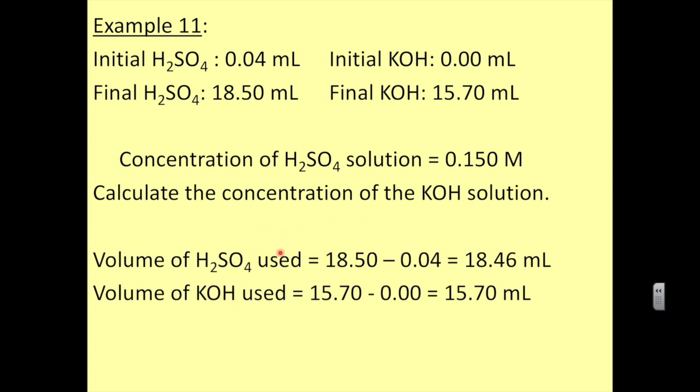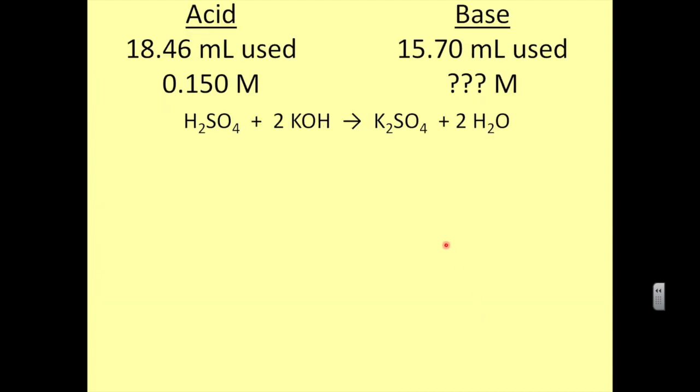So I need to find my volumes just like I did before by subtracting my two numbers and find my actual true volumes. I'll then organize my information so it's easier to read, and I have my volume and molarity of acid, my volume and unknown molarity of base, and I have my equation written out. Now, it was absolutely crucial to do it this time because the coefficients are not always a 1-to-1 mole ratio, and that's going to make a difference later.